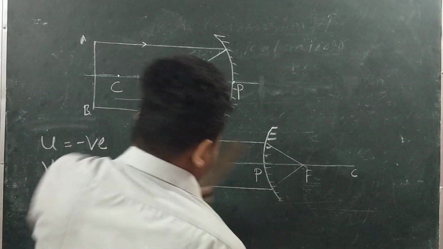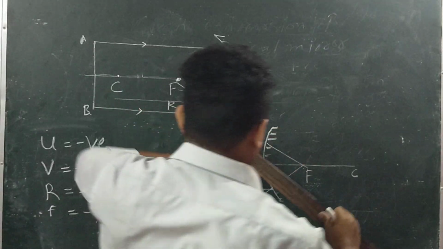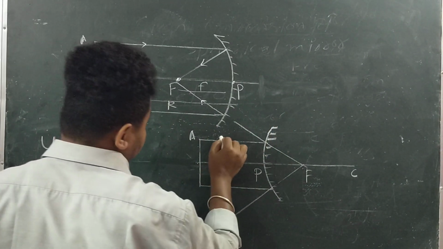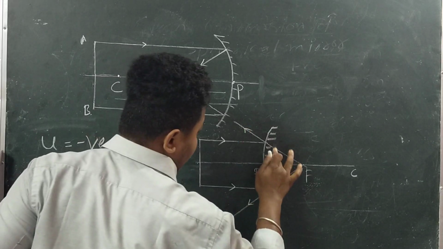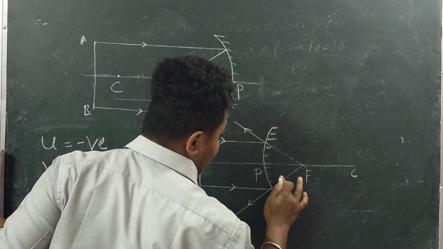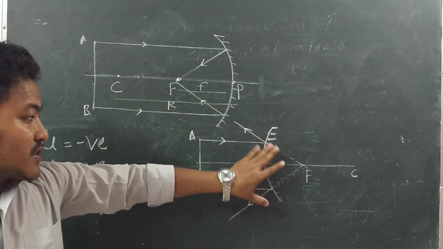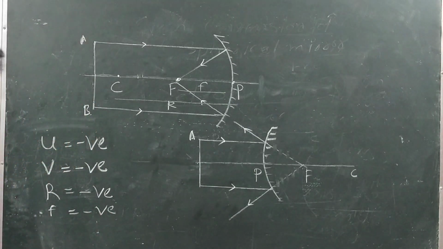So they will diverge. As I told you, this type of mirror is known as a diverging mirror. This will be the direction, and if I give some broken line, what does it mean? It means that these rays appear to meet at this particular point. Appear to meet, all this I have told you.